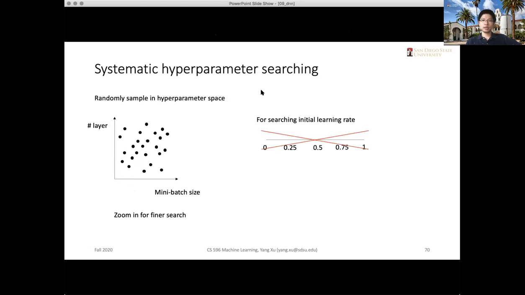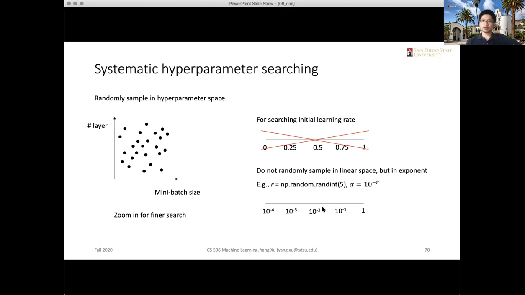And for searching the initial learning rates, we basically don't sample in a linear space, because in a linear space, a learning rate of 0.5 is ridiculously high.